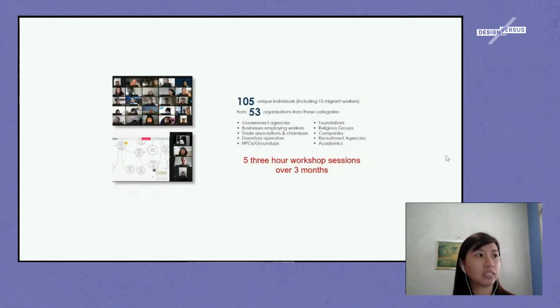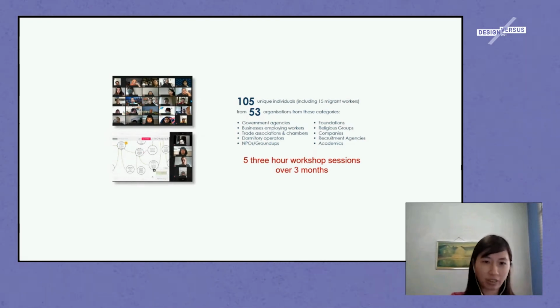We had the government agencies, the employers, the trade association, the dormitory operators, the NGOs, the foundation, religious groups, recruitment agencies, and also our friends at the National Volunteer Philanthropic Center. We conducted workshops entirely online, and we spoke with maybe about 60 or 70 people during each workshop, and this happened over 3 months.